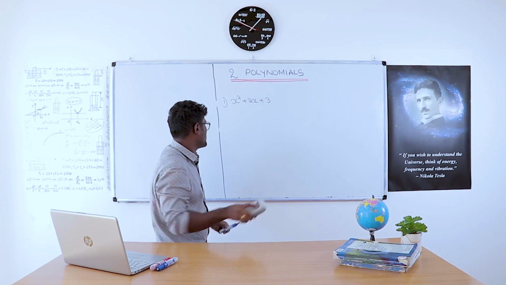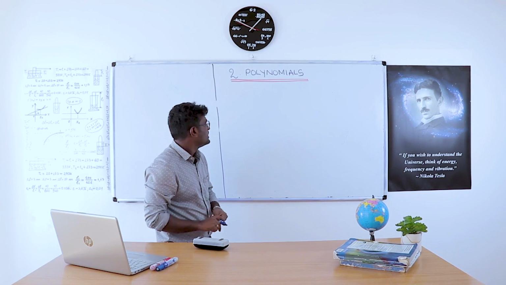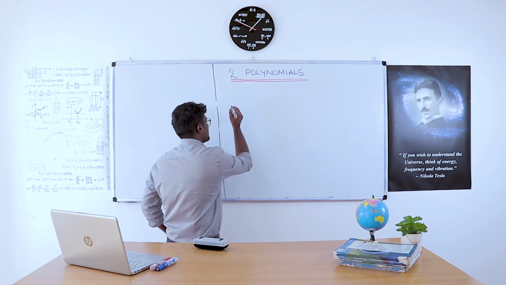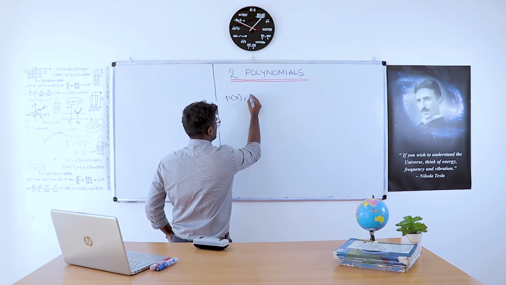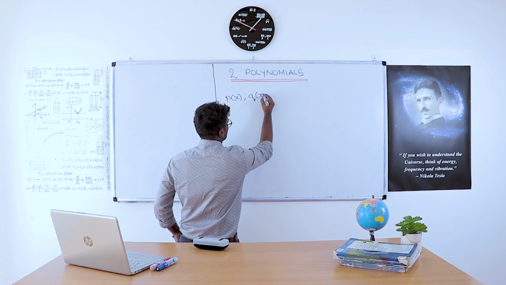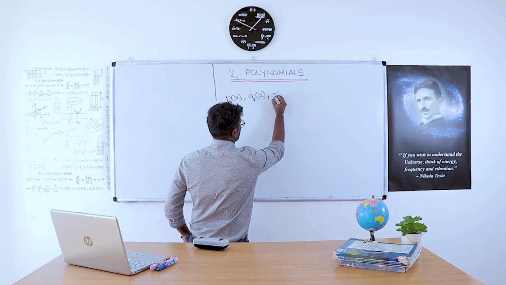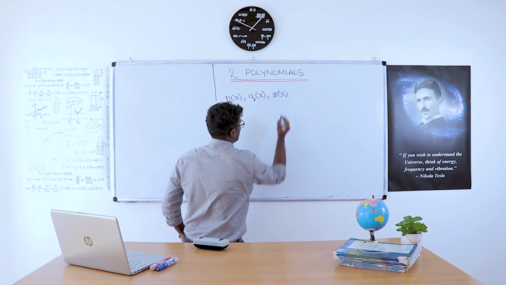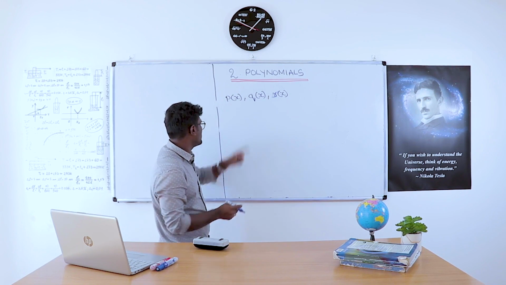Also, one more thing I forgot to tell: a polynomial is represented by either p of x, or q of x, or r of x, like that. This is the general format to represent a polynomial. Most of the time p of x is used.